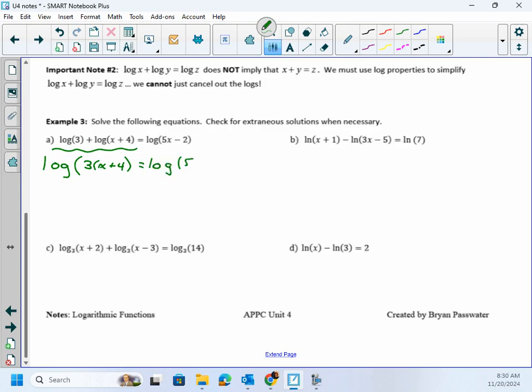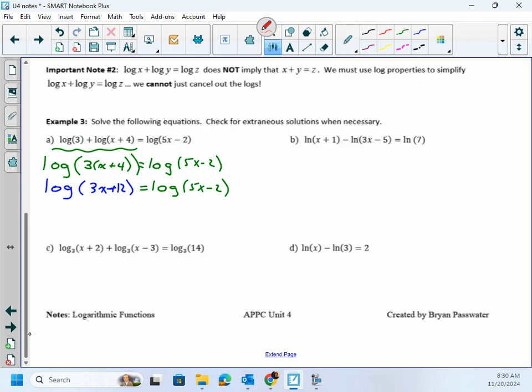Didn't do anything to the right-hand side. That means on the left-hand side, I have the log of 3x plus 12. Oh, but look, I have a log equaling a log. And if I have a log equaling a log, I can set them equal to each other.